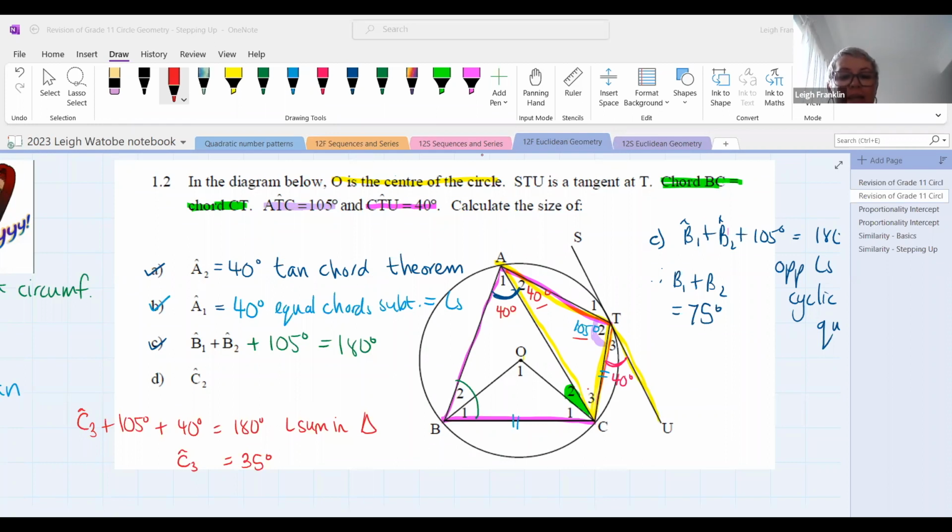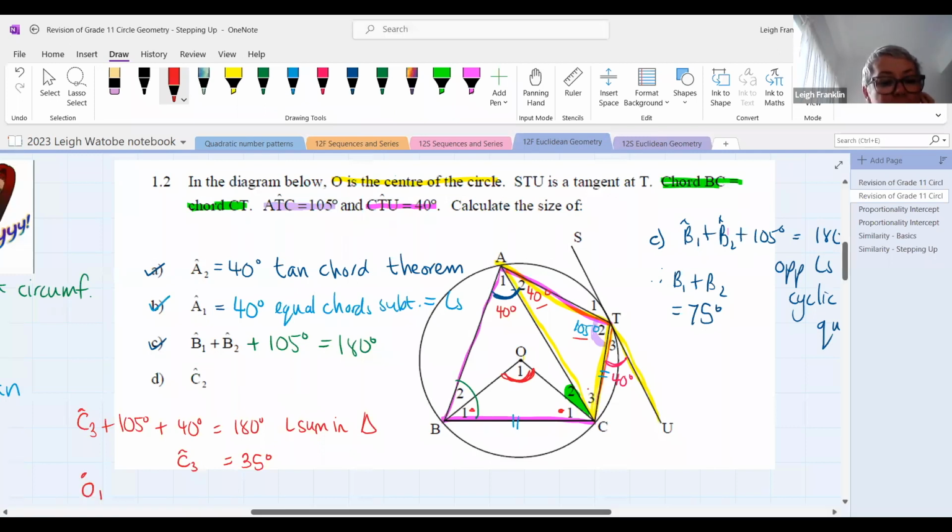Now in order to get C1, we can work out what O1 is. B1 and C1 have got to be equal because OB and OC are radii. So can anybody tell me how big angle O1 is? Again, you can just pop it into the chat. How big is O1? Good, lovely, well done.